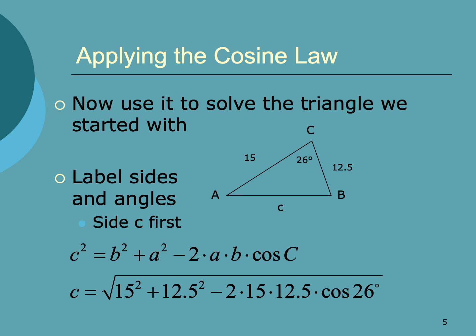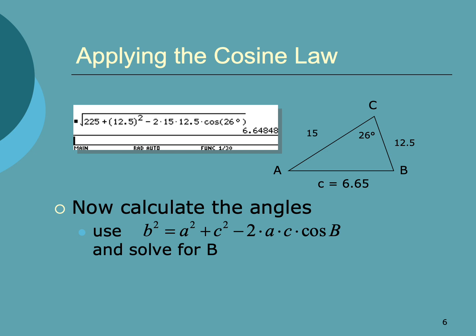Plug in what we have with A, B, and C because we know the angle C, so we can use the cosine of that, and simply punch it into a calculator. It should look something like this. And plugging all that in gives you C equals 6.65.